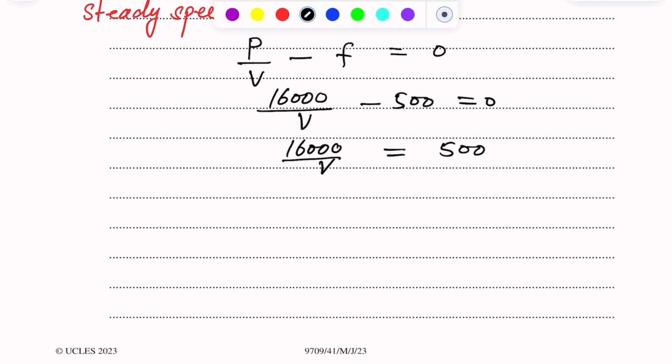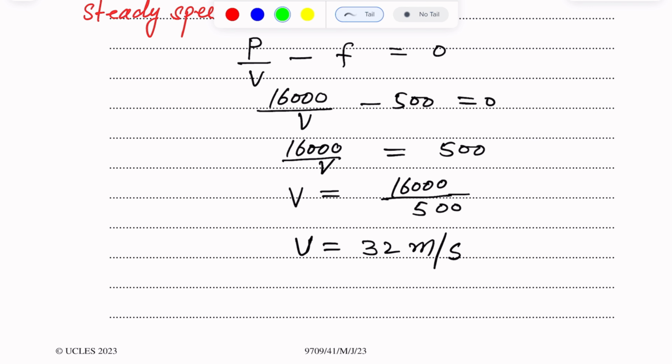From here, V is equal to 16,000 divided by 500. We get finally steady speed will be 32 meters per second. This is the answer, 32 meters per second.